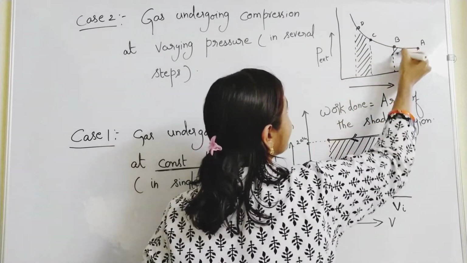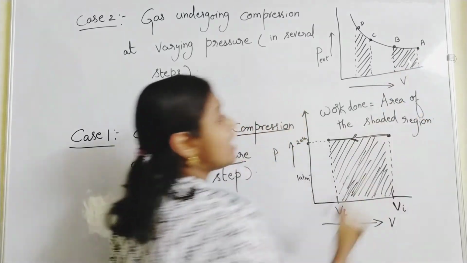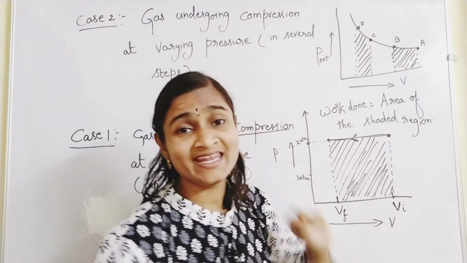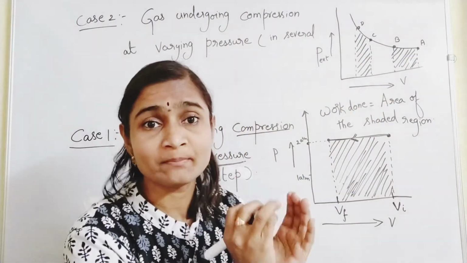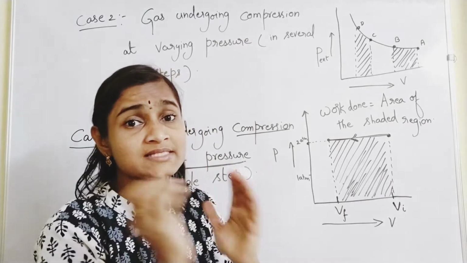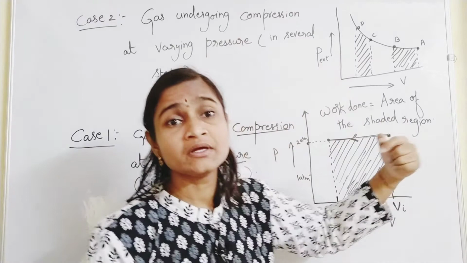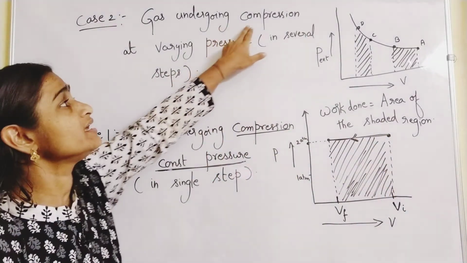This shaded area. Okay, the shaded area under the curve AB as well as the shaded area under the curve CD. If you sum it up, sum up all the areas under the curves where the gas is undergoing compression.